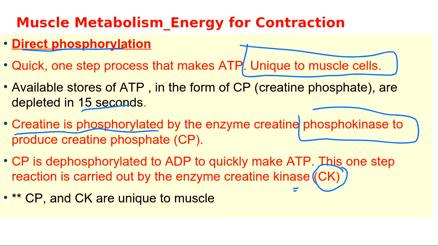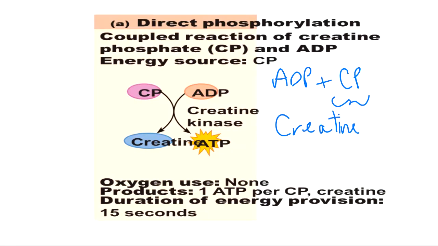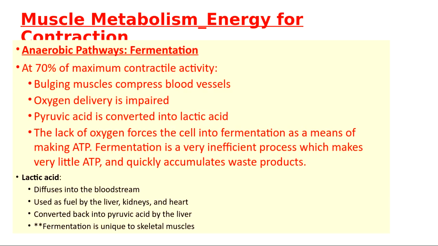What the enzyme is going to do is take ADP and a compound called creatine phosphate. Creatine phosphate is a phosphorylated carbon compound which is found inside a skeletal muscle. Creatine is made from proteins, actually.